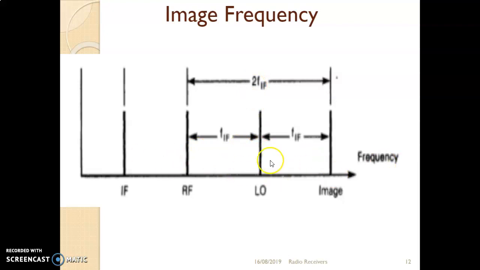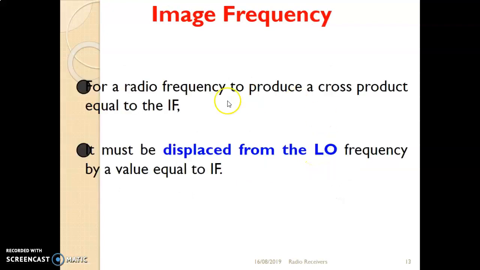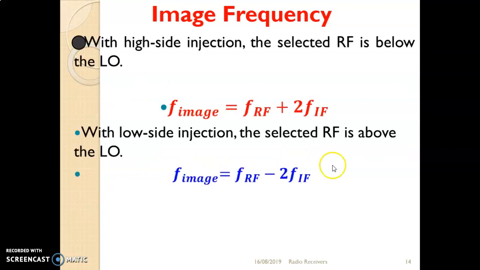This is the spectrum where RF and image are both shown, and they both will look similar. So for a radio receiver to produce a cross product equal to IF, it must be displaced from the local oscillator frequency by the value of IF. And that is why the image frequency with high side injection can be calculated.